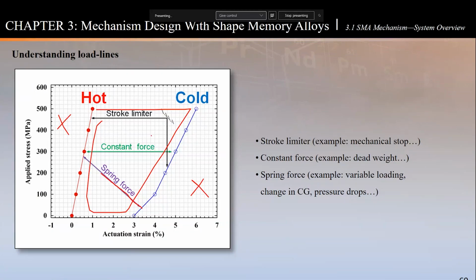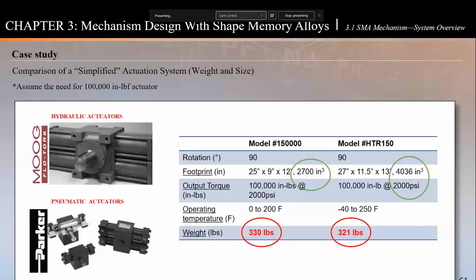This is just an example here to show you weights. Some time ago, we did a trade study for an actuator that can produce 100,000 inch-pounds of torque. Here's an example of how much it weighs, two models, a couple of footprints and weights.